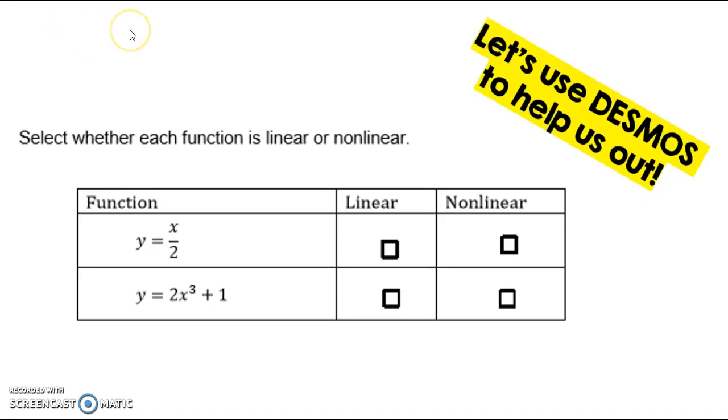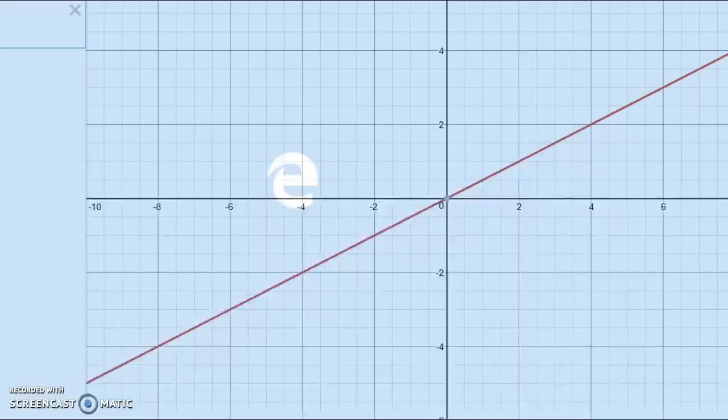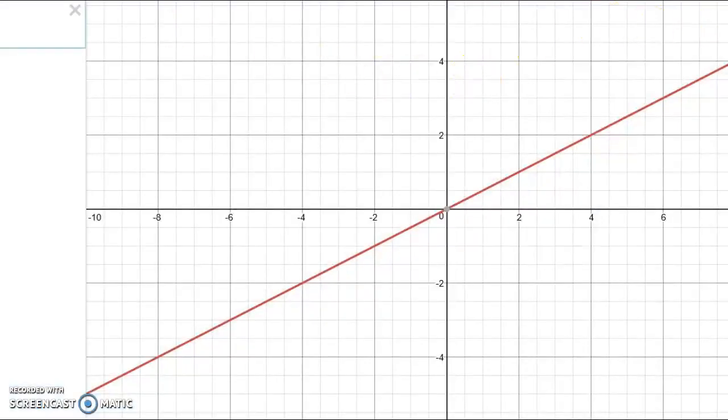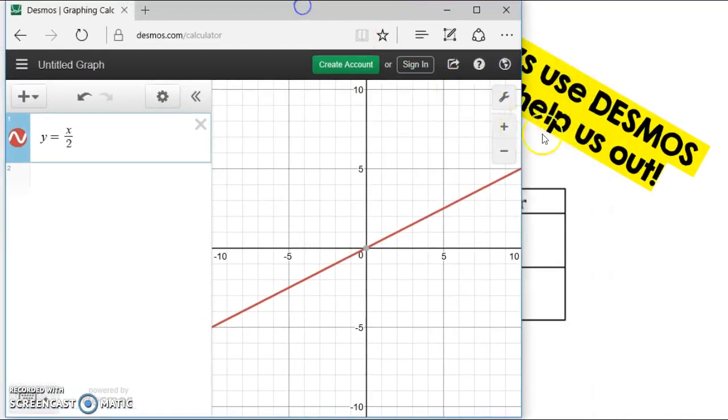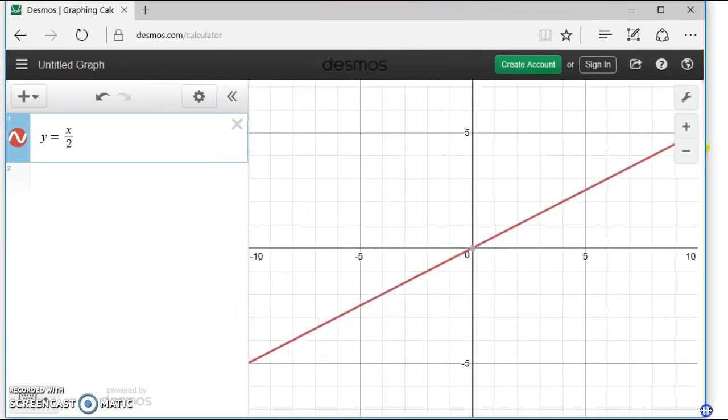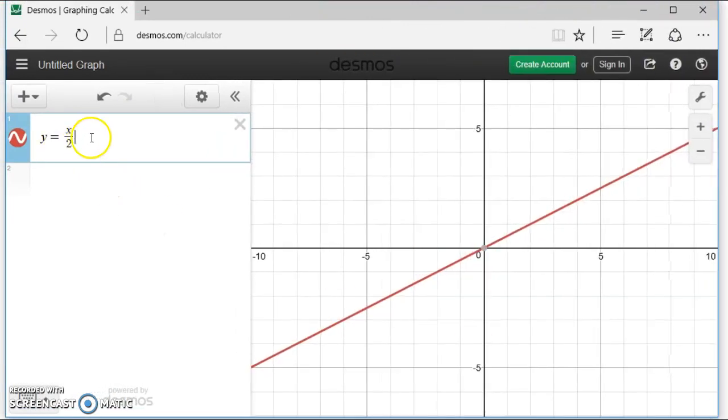So when I'm looking at y equals x divided by 2, I'm going to use Desmos to help me out. So if I go ahead and go to desmos.com and click the Start Graphing tool, I can plug in y equals x divided by 2, and you'll see this is linear.